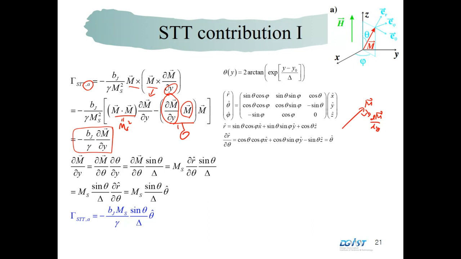Okay. And here, if you take the derivative with respect to y of m, we can rewrite this form by the chain rule. We can find ∂m/∂ζ and ∂ζ/∂y, and ∂ζ/∂y gives us sin ζ over delta.